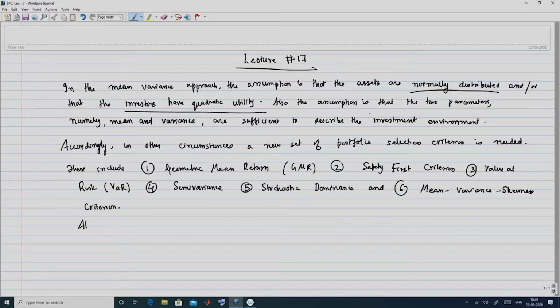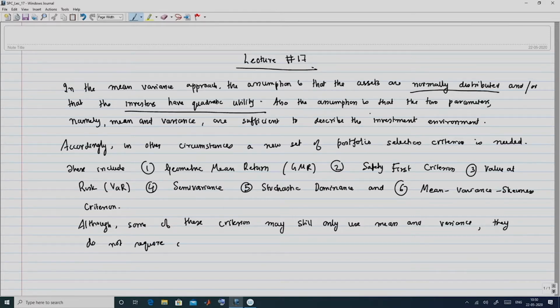Okay, so just an observation that although some of these criteria may still only use mean and variance, they do not require any specific distribution.